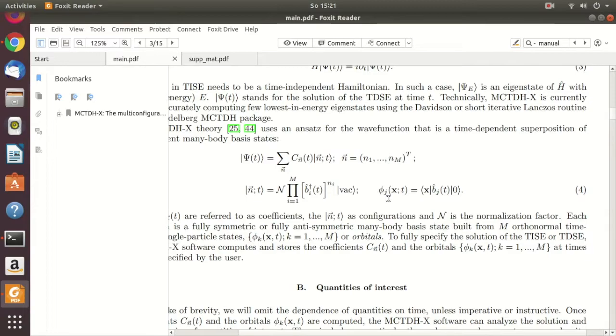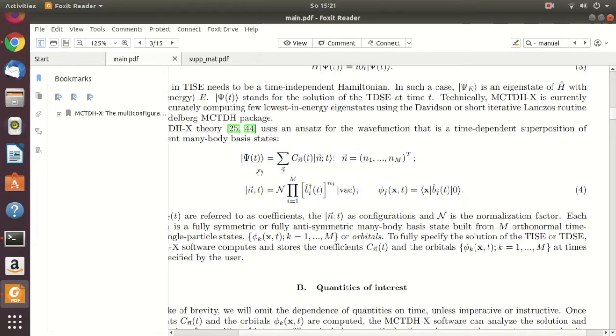One is the orbitals. And the second one is the coefficients. Both of them are time dependent. And by determining these two things, we are able to determine the many-body wave function.